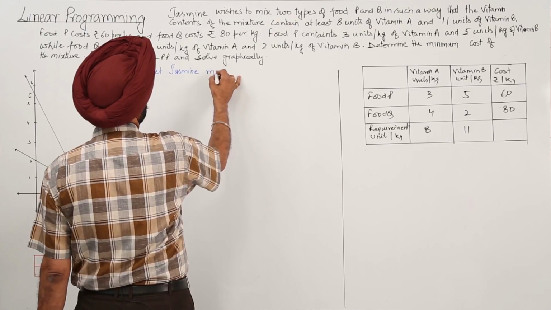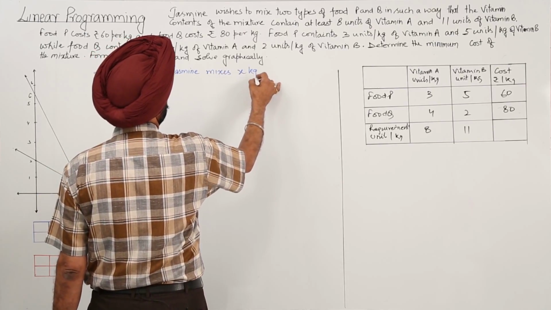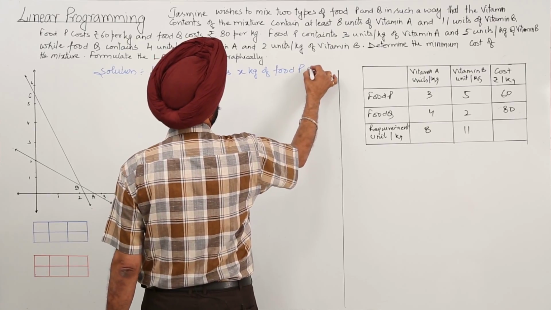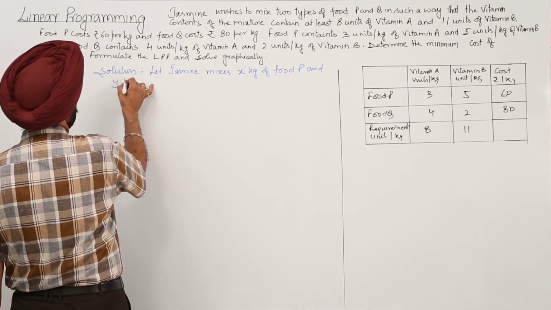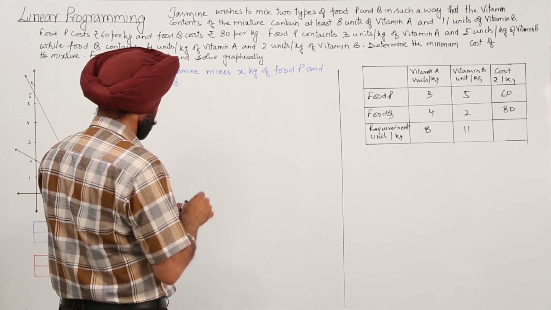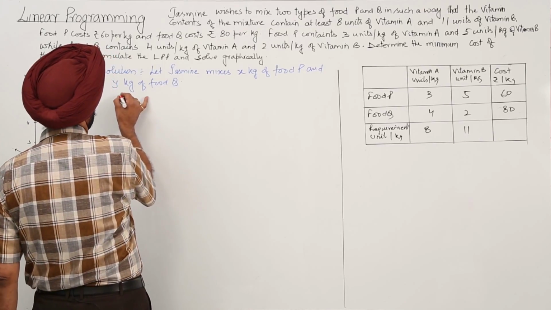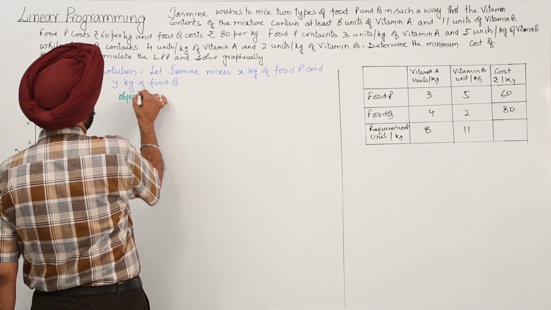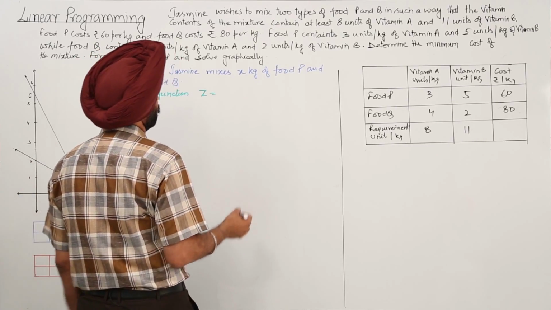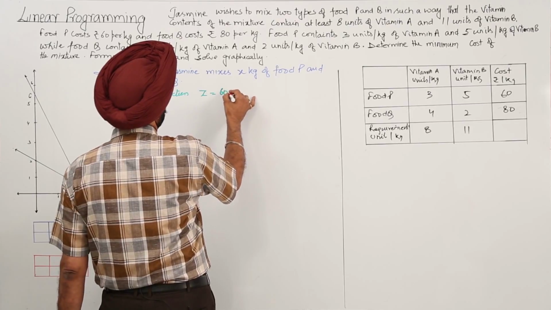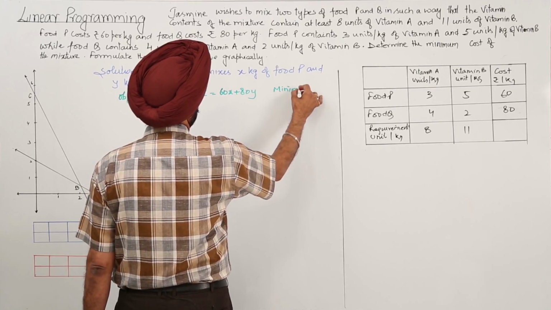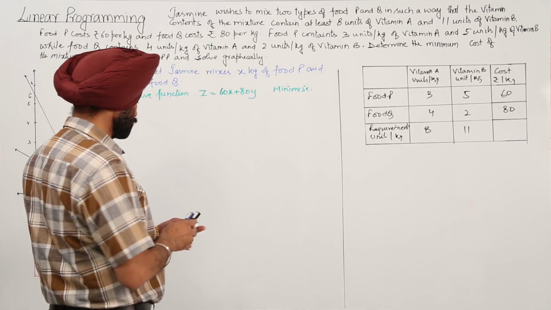Now let Jasmine mix x kilograms of food P and y kilograms of food Q. Objective function Z is equal to, now Z is for the cost, we are having 60x plus 80y, for minimize. Now subject to the constraints.